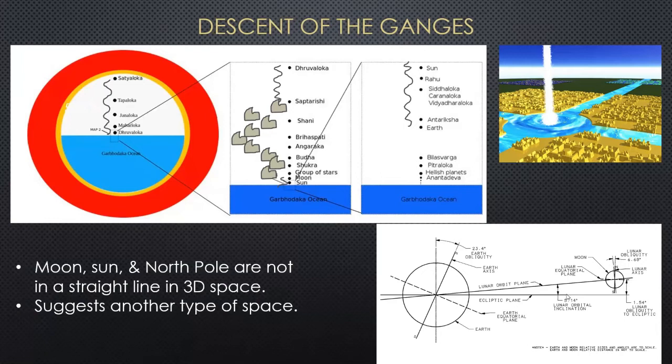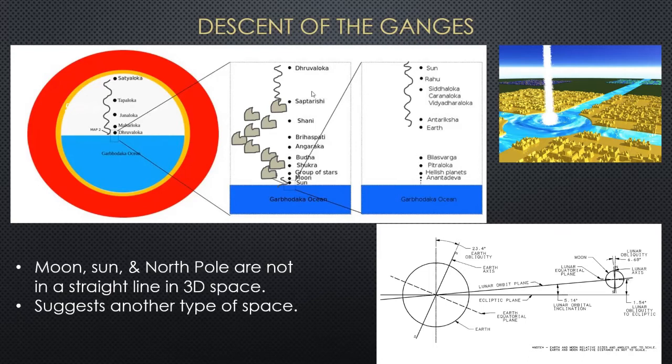While the sun is at 23.4 degrees from the equatorial plane. It's not 90 degrees, and the moon is a further 5.14 degrees above that ecliptic plane. So at most, the sun and the moon are at 28, 29 degrees from the equatorial plane.